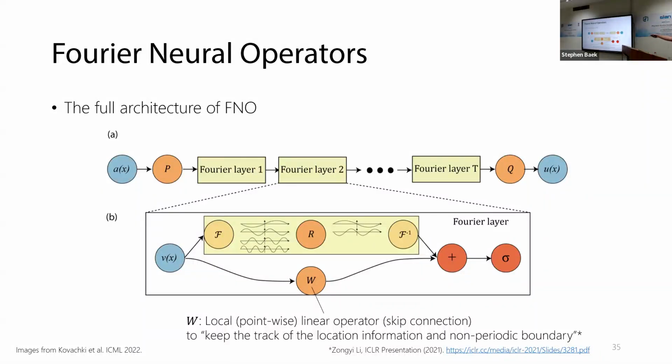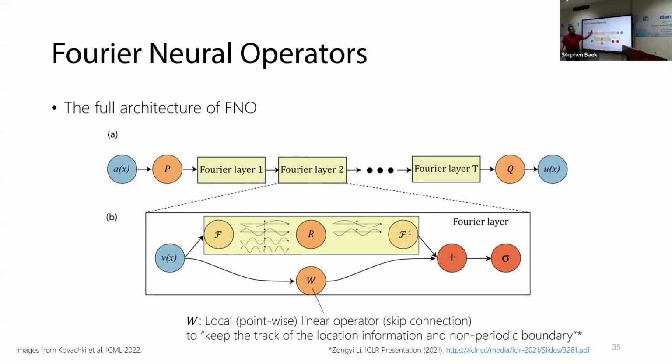Almost there. So the full architecture of the Fourier neural operator looks basically like this. Some input signal comes in, the input image comes in, and then that input image gets pre-processed.